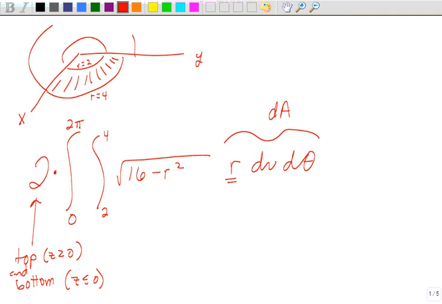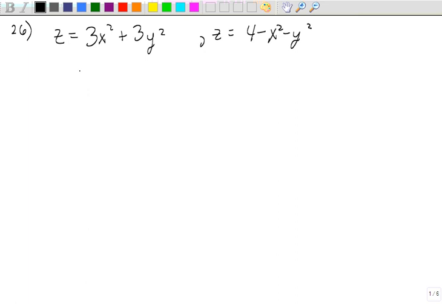Number 26, let me draw a picture. Let me start a new page. I have z equal 3x squared plus 3y squared, and I have z equal 4 minus x squared minus y squared. So I have two paraboloids.